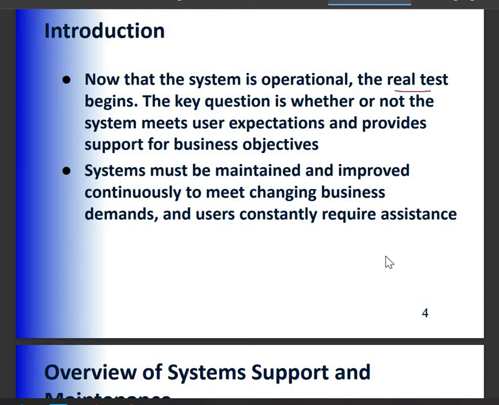Okay, the key question is whether or not the system meets the user expectation and provides support for business objectives. Okay, system must be maintained and improved continuously to meet the changing business demands and users constantly require assistance.